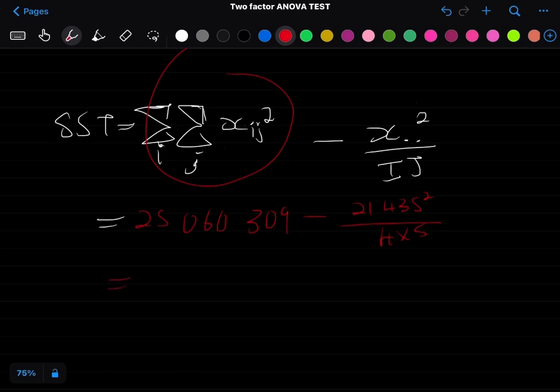This will be 2,087,347.75. This is your answer.